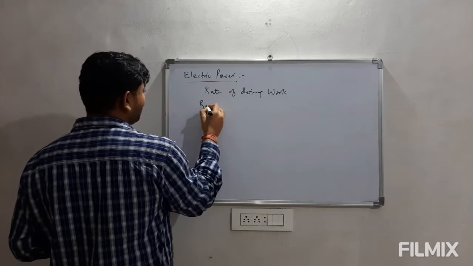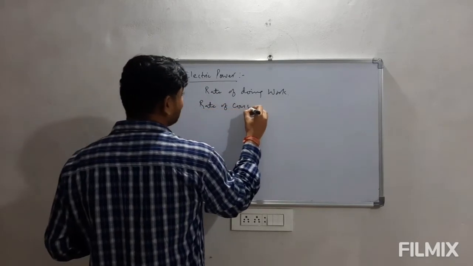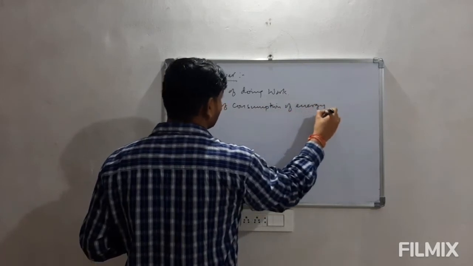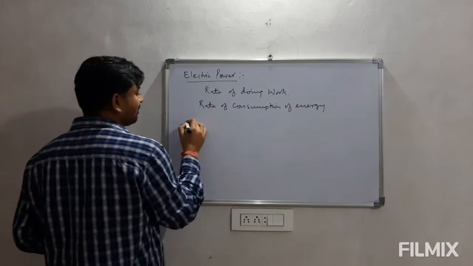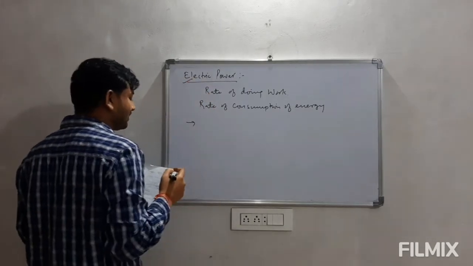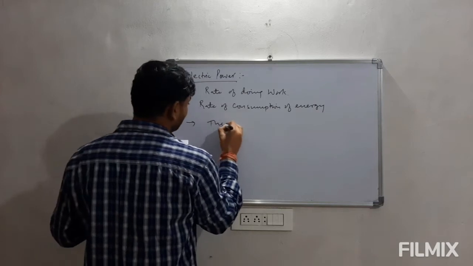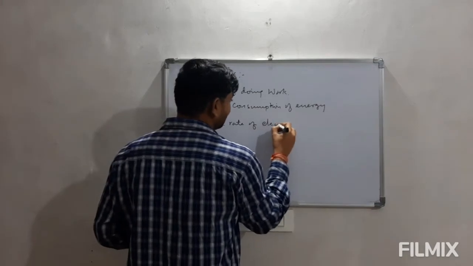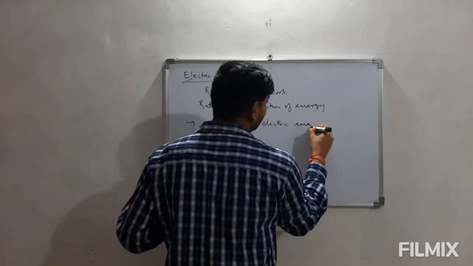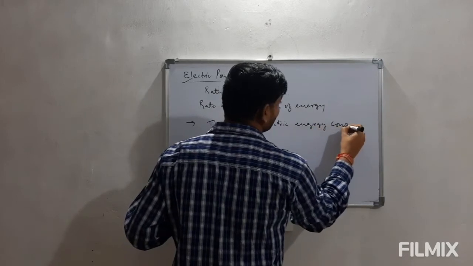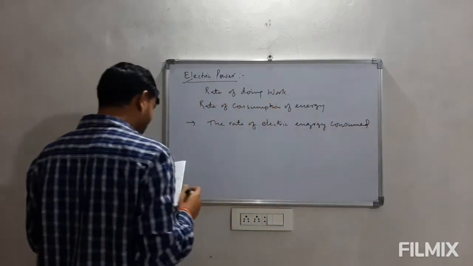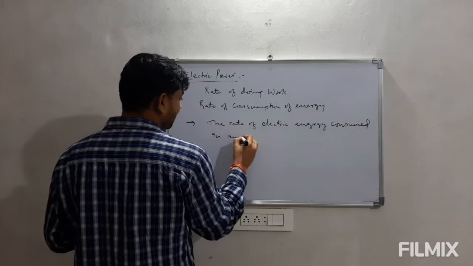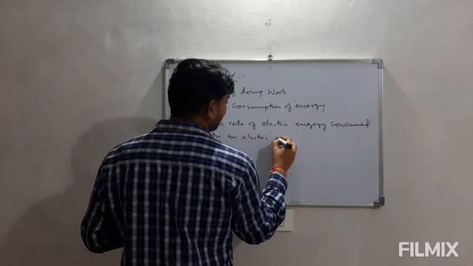Then we can say rate of consumption of energy, or if we talk in terms of electricity, the rate of electric energy consumed or dissipated in an electric circuit is called electric power.